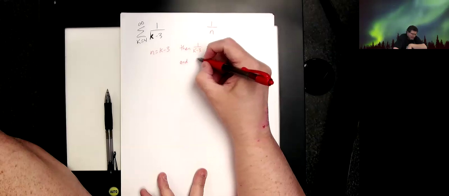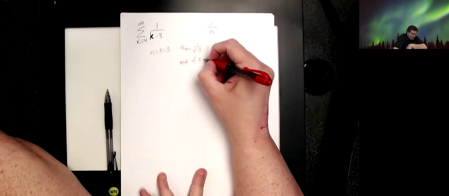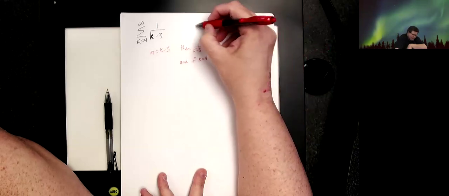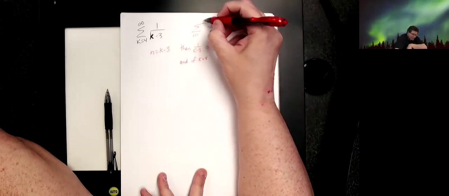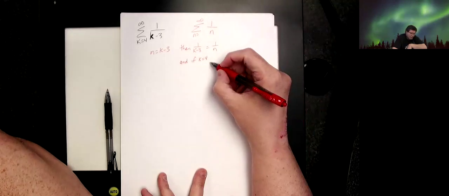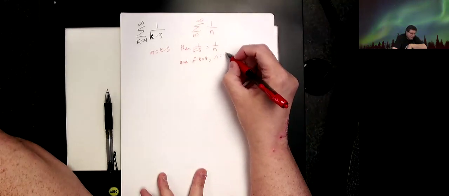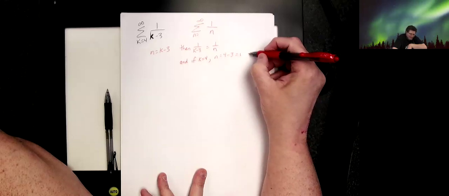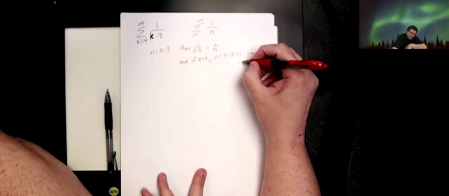And if k equals 4, because now we're going to want to rebrand this as n equals something to infinity. If k equals 4, then n equals 4 minus 3, which equals 1. This gives us n equals 1 as our new start.